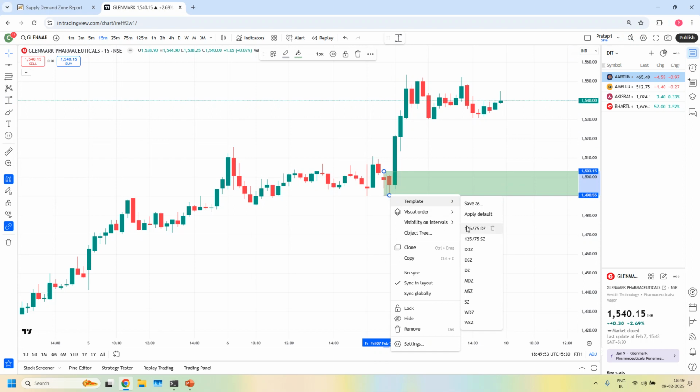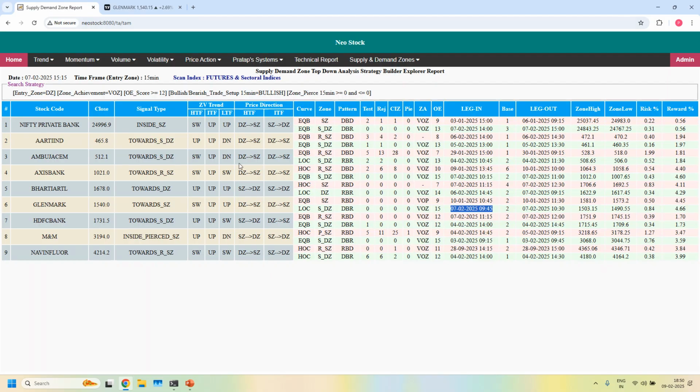Actually, we can also consider rally, 3 base candles and rally. Maybe this is a drop candle, maybe. Okay. Drop base rally.